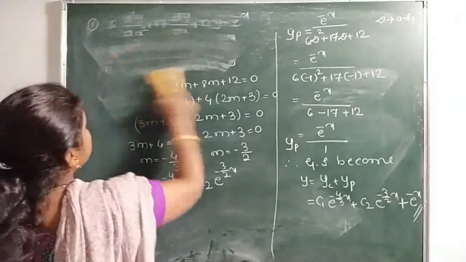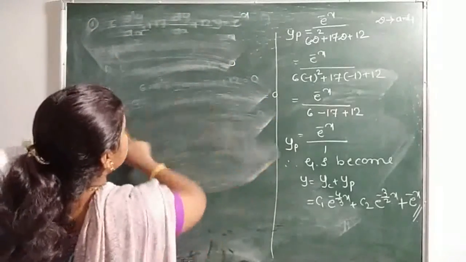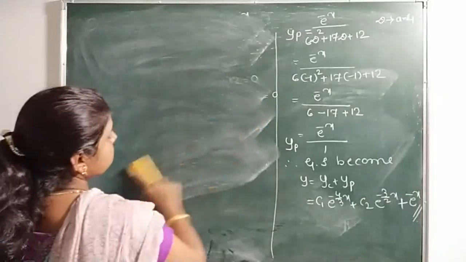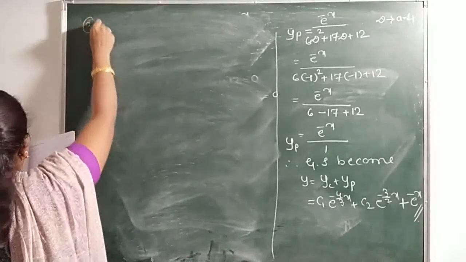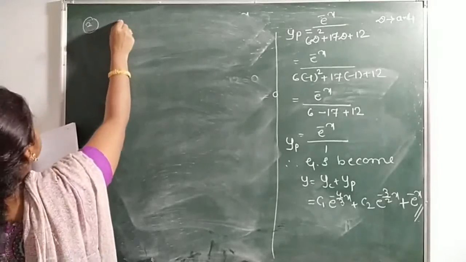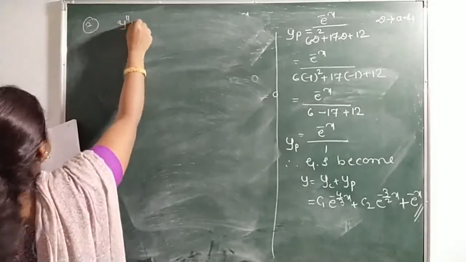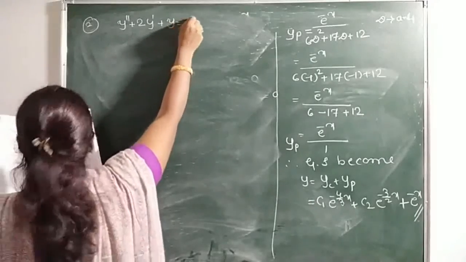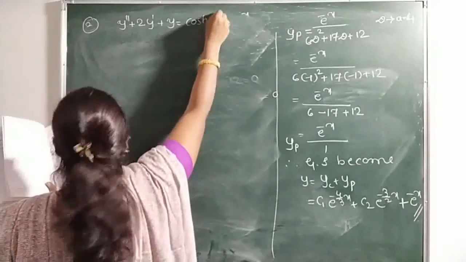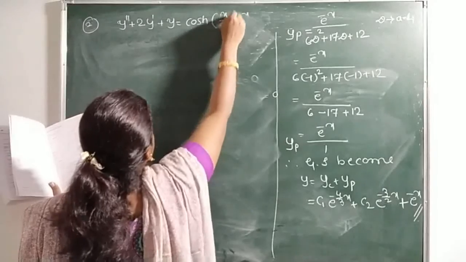Now we have to take one more example. Y double dash plus 2y dash plus y is equal to cos h x by 2.